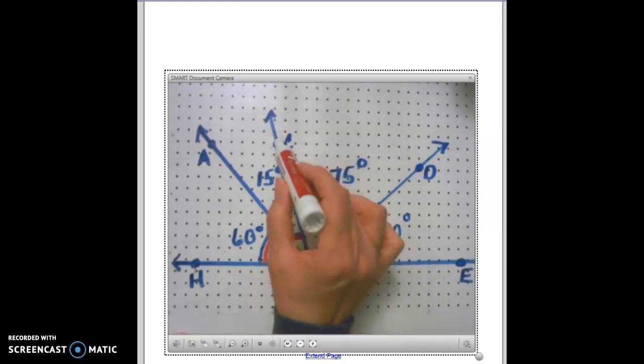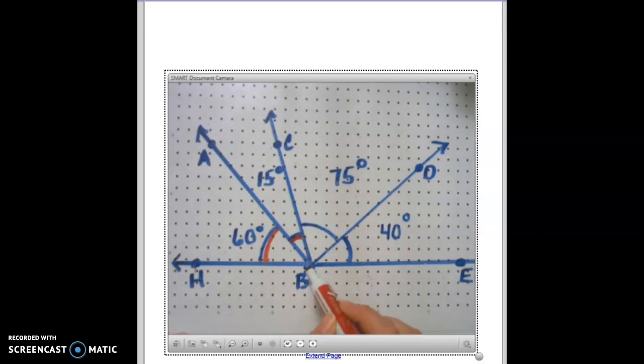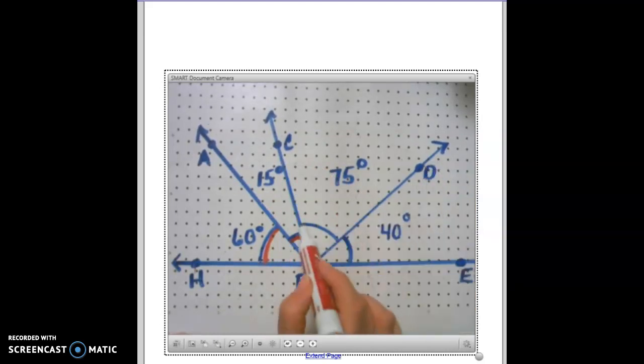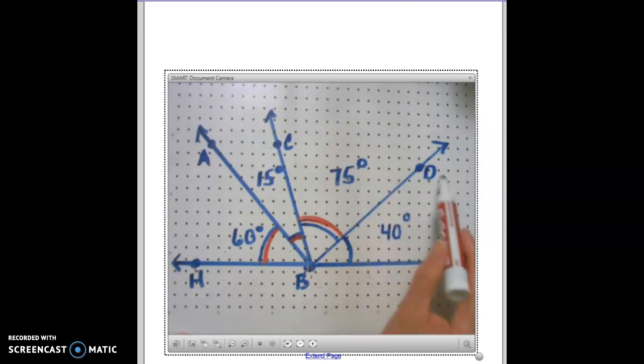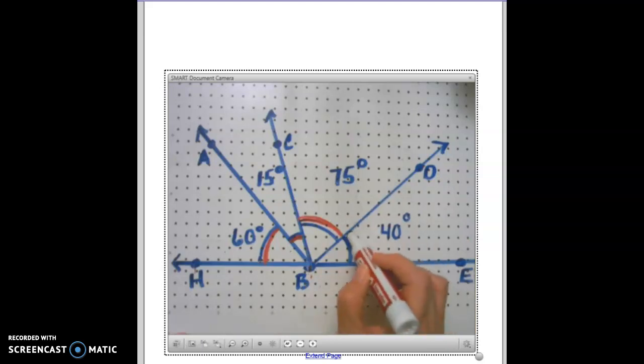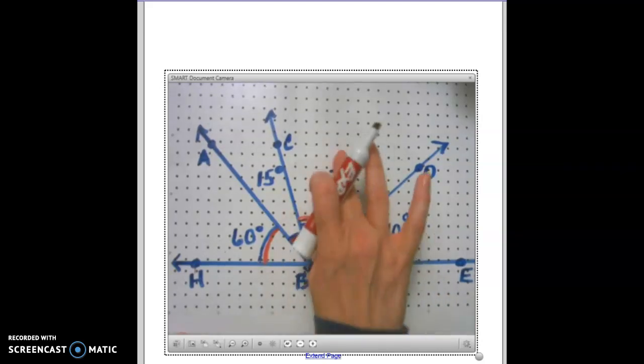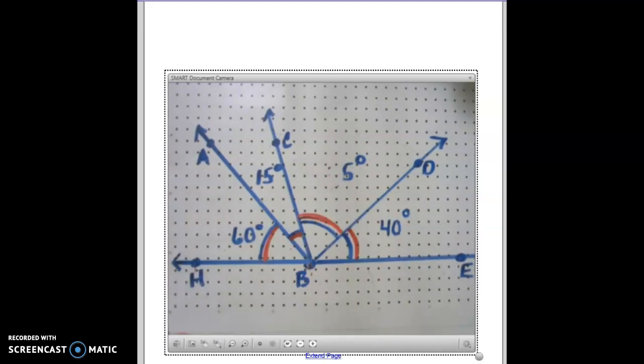I have angle CBD. That angle is 75 degrees. And then I have angle DBE. And that angle is 40 degrees. Sorry, that should be 65.